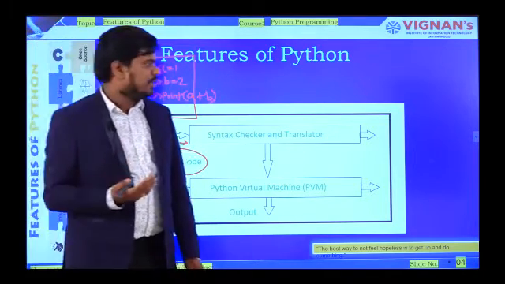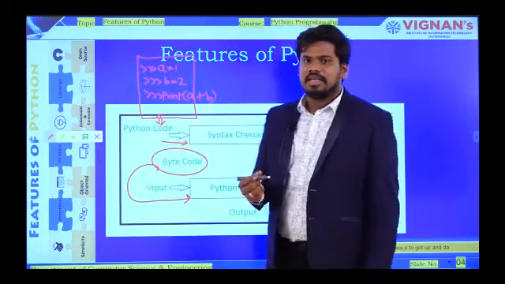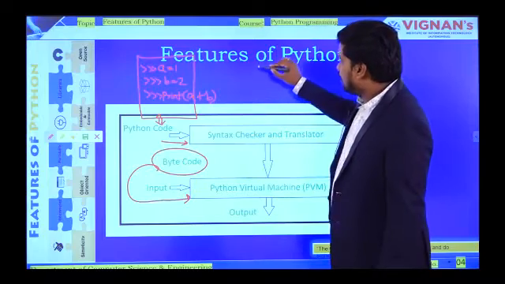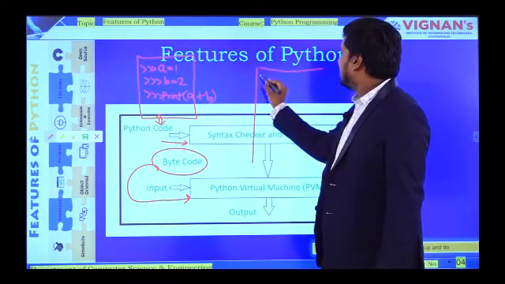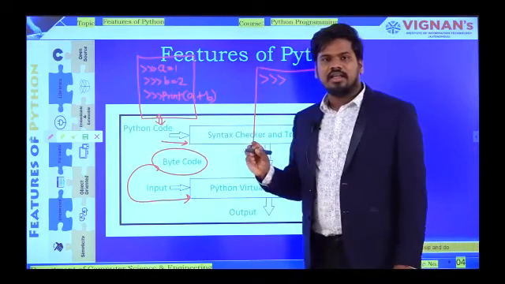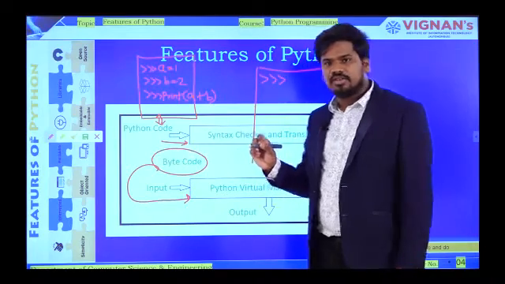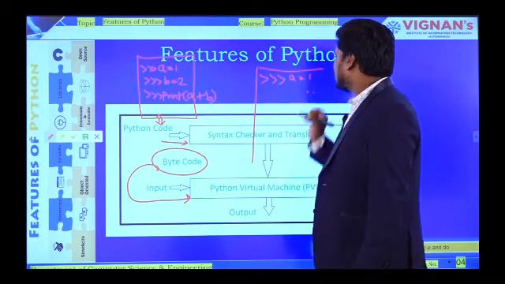In short, Python is an interpreted language because, for example, observe, this is my interactive shell. An interactive shell will always start with three greater than symbols. For example, I have written an instruction A is equal to 1.